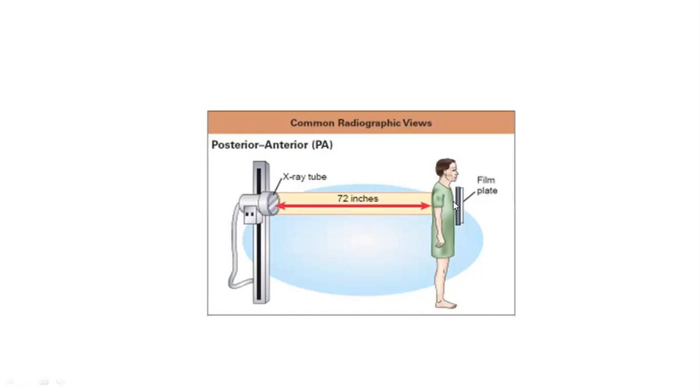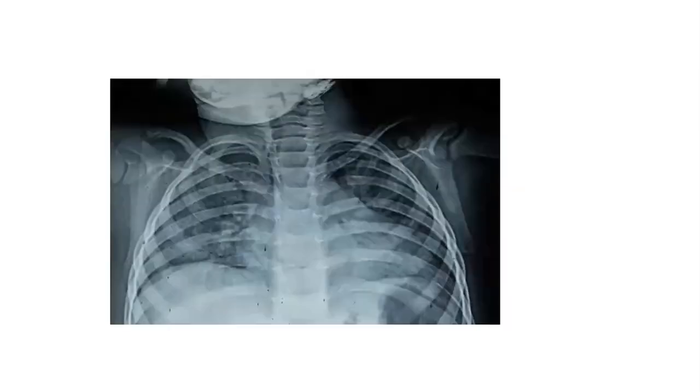As I discussed, the image which is formed near the film plate is sharper than the image which is formed away from it. This is the posterior anterior view X-ray of the chest.